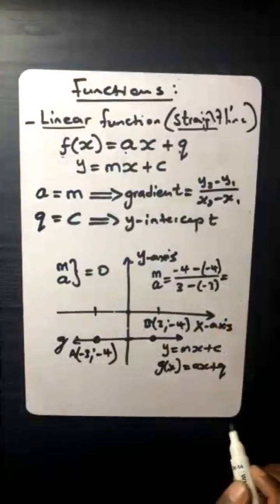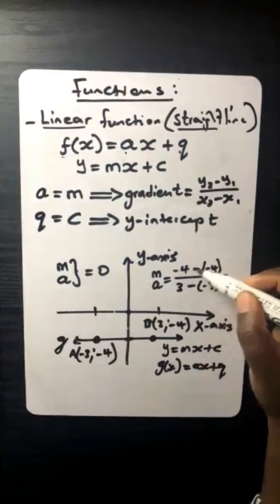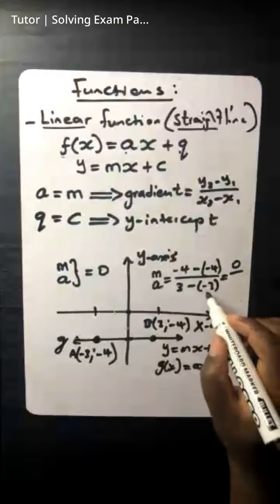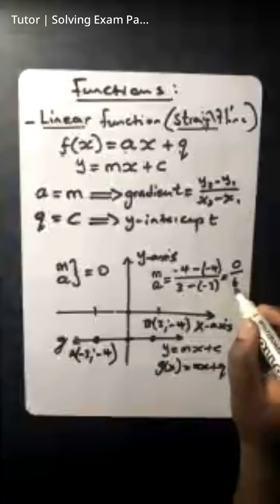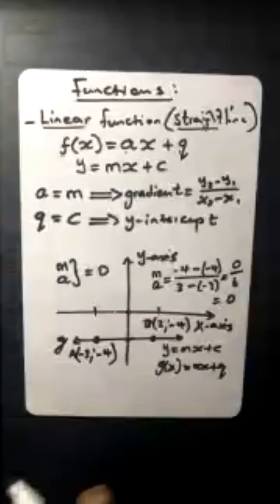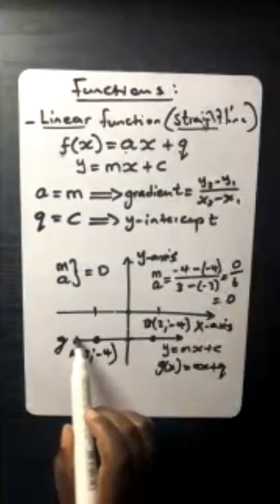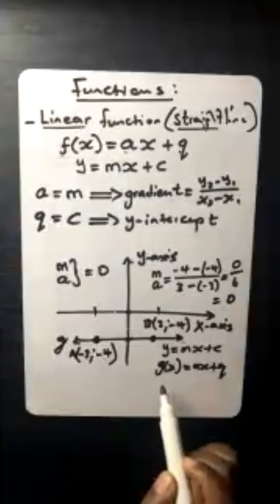If you punch all of this on a calculator, negative 4 minus a negative 4 becomes 0 at the top, divided by 3 minus a negative 3, which becomes 6. So what is 0 over 6? This equals 0. That is why we say for a straight line like that, the gradient is 0.